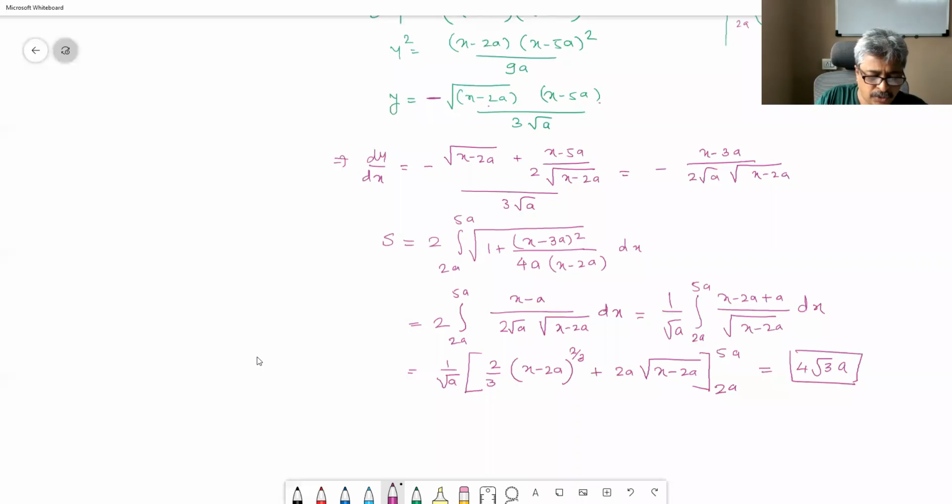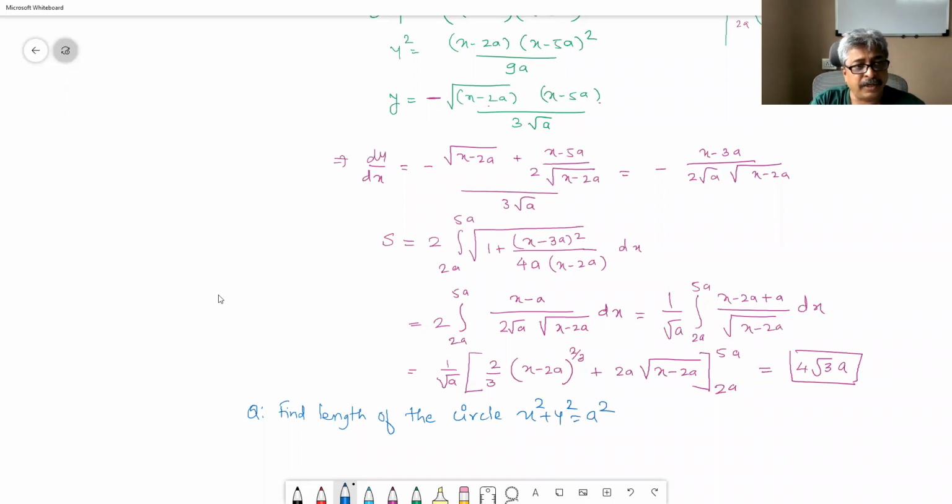Okay, next quick question, easy. Find the length of the circle x square plus y square is equal to a square.